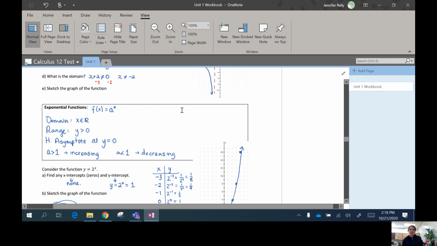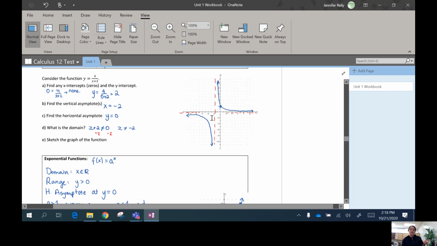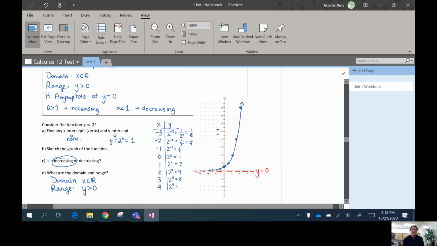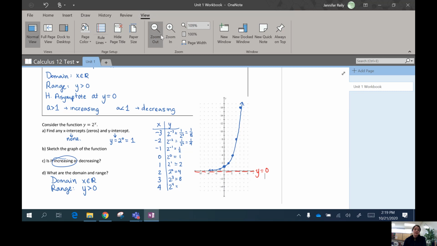Rational functions have asymptotes also, but they're going to be in different spots depending on what the equation is, and you can have vertical and horizontal. Whereas an exponential function is going to have an asymptote, but there are not going to be any restrictions on the domain, so no vertical asymptotes, and the horizontal one's always going to be at y equals 0.